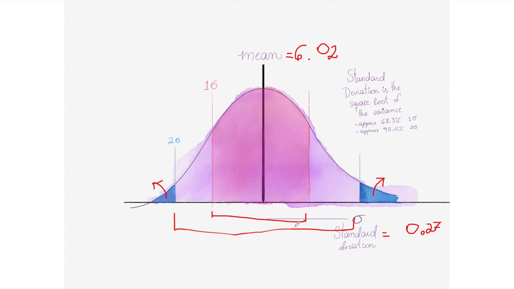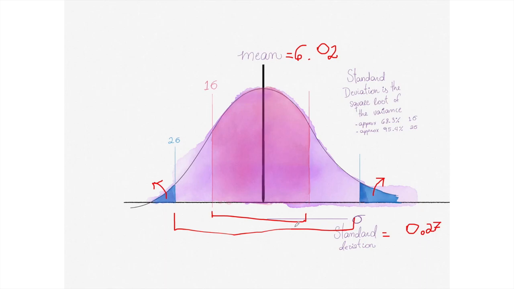This concept is helpful because we can standardize our normal distribution into a standard normal distribution and find the relative distance of each of the observations in our normal distribution to the mean.